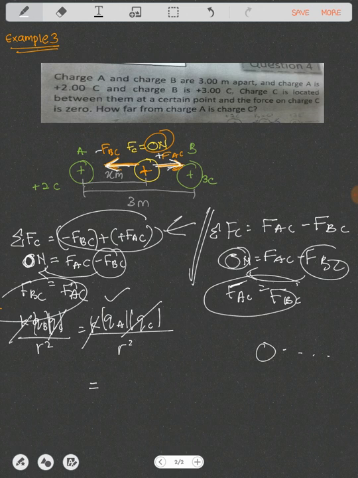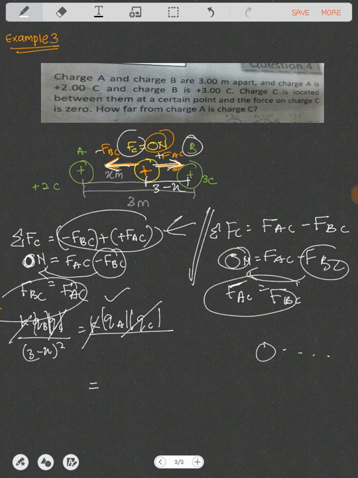So sekarang ni QB dia, okay, jap, ni jangan pergi tolak pula R square dengan R square ni, sebab R square dia, yang ni adalah radius pada charge B dan C. Charge B dan C, radius dia, okay, distance dia lah, kita buat 3 tolak X lah, 3 tolak X square.